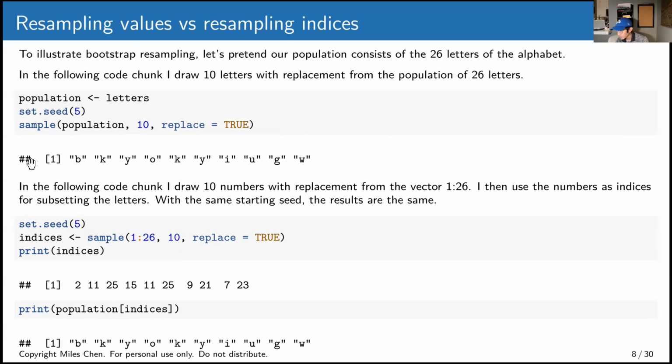Here I'm going to do set.seed(5), and I'm going to sample 10 values from the population directly with replacement. When I do this, I get the letters B, K, Y, O, K, Y, I, U, G, W. Just by coincidence, I get K and Y. Both of those values got selected twice.